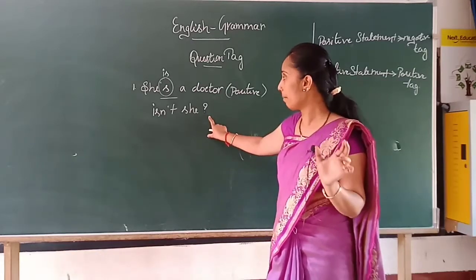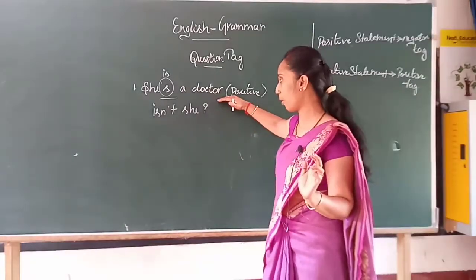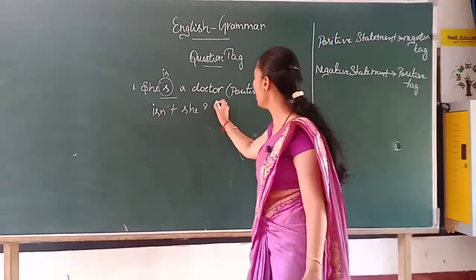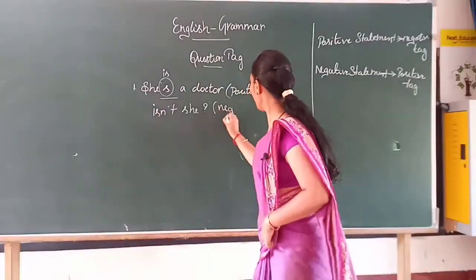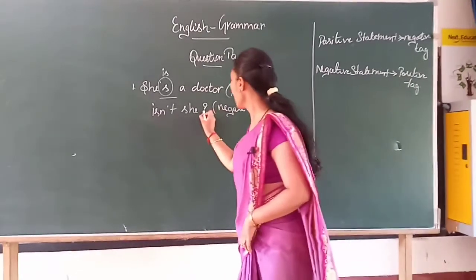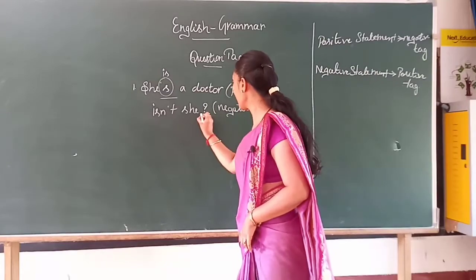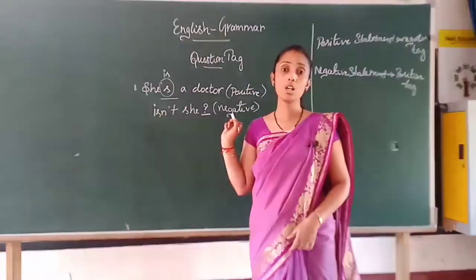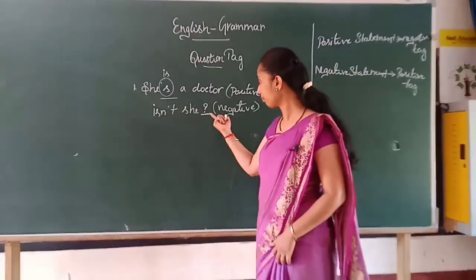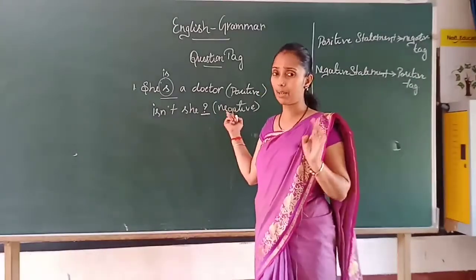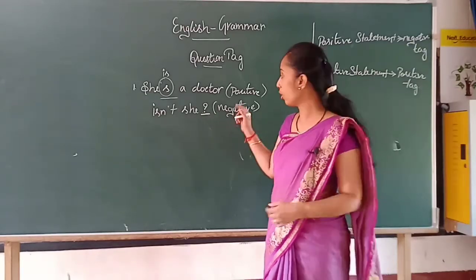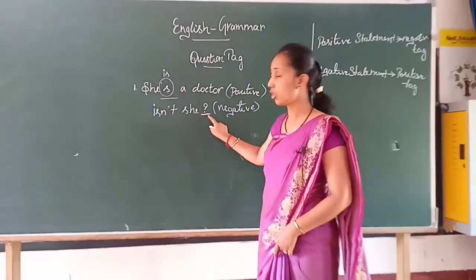Right? So remember that when the statement is positive, your question tag should come in a negative. And remember here that this question tag should always come with a question mark. Suppose if you forget the question mark anywhere, then it becomes wrong. Clear? Because you are framing a question tag. So don't forget to use this symbol, the question mark. Okay?